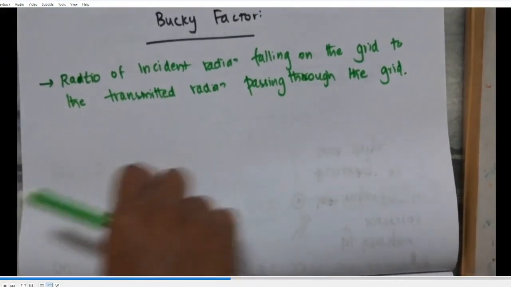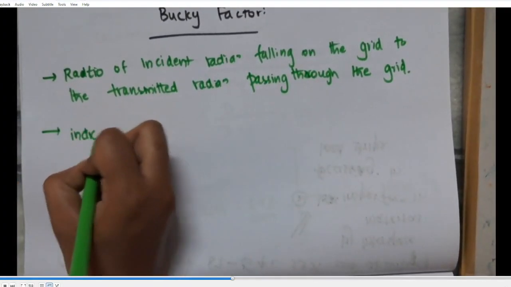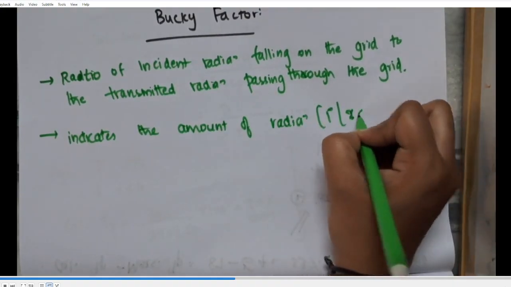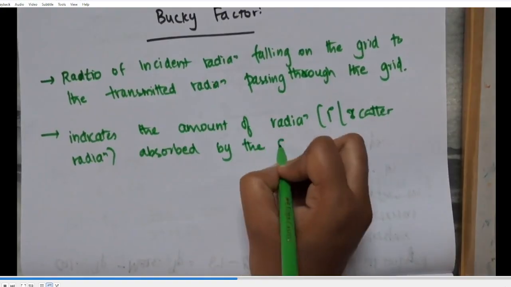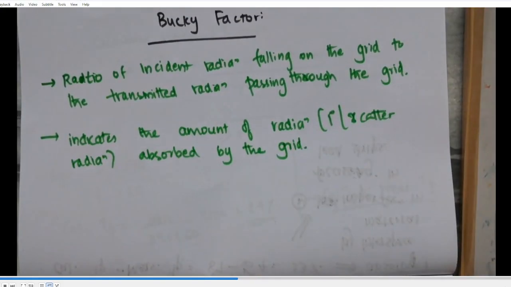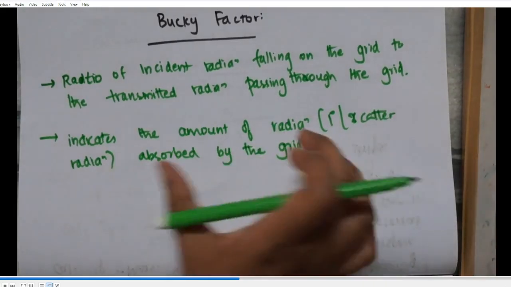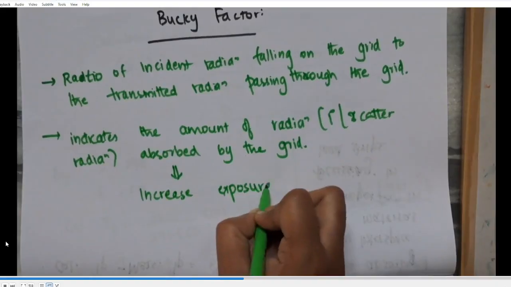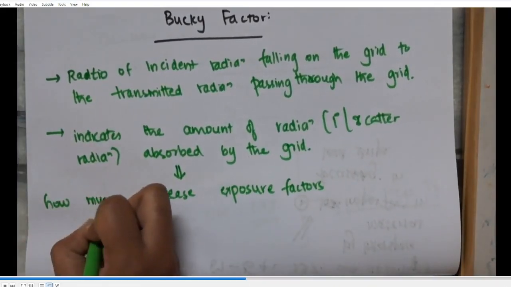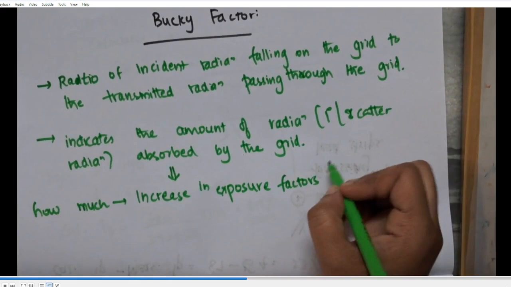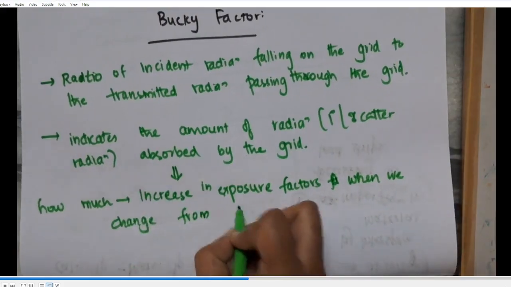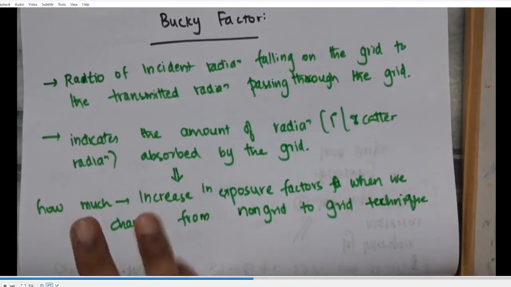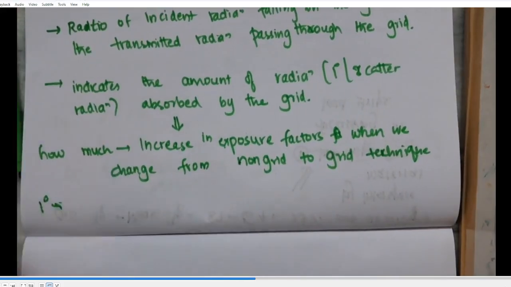It indicates how much we must increase the exposure factors, the amount of radiation absorbed by the grid, either primary or secondary, and how much patient exposure dose is increased by use of the grid.